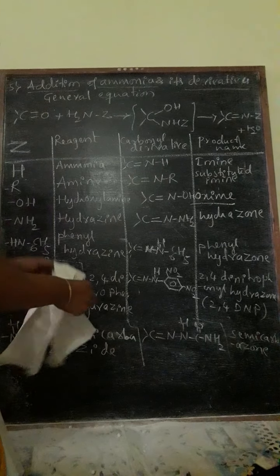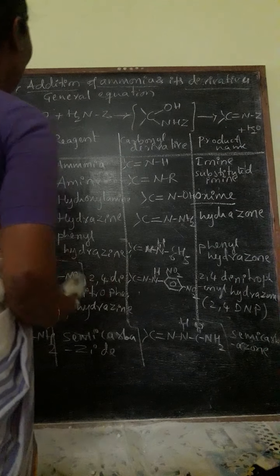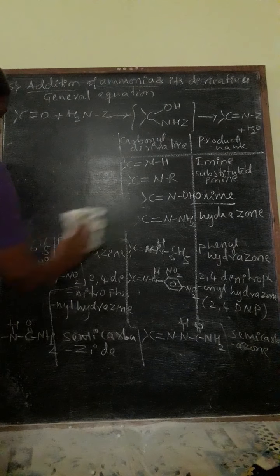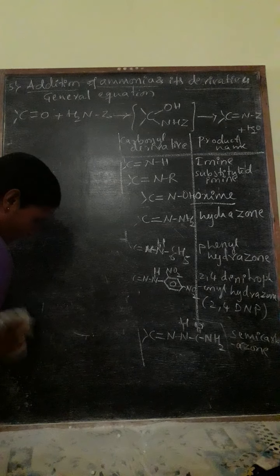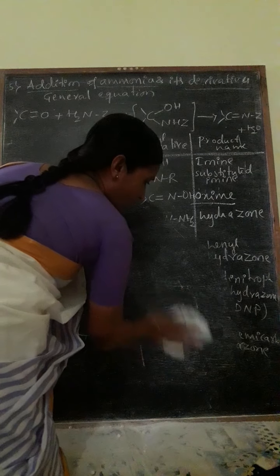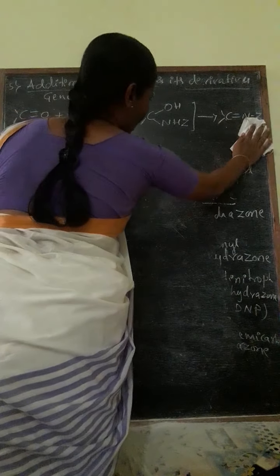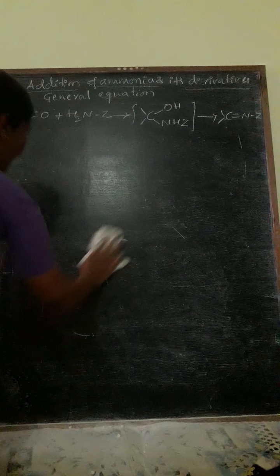So this is one table showing how ammonia and ammonia derivatives are substituted to aldehydes and ketones. This reaction is also known as a condensation reaction. Why is it called condensation? Because the molecule is condensed by elimination of water.